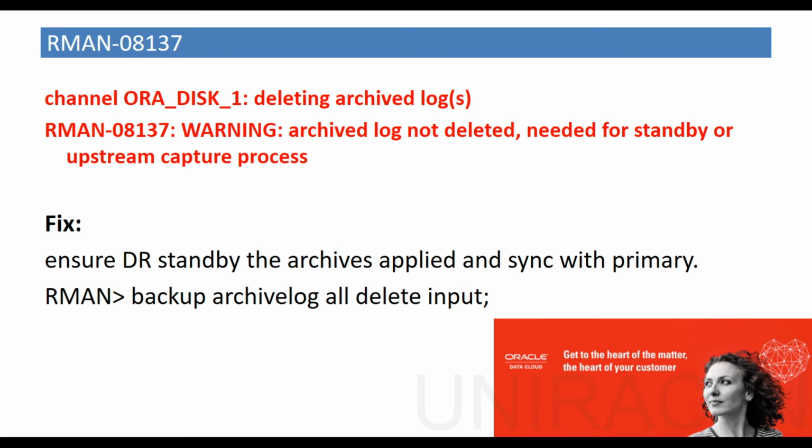If the arc log is not received or applied in the standby, and that arc log is needed by the standby, your arc log deletion does not happen on your primary with RMAN. RMAN ignores this arc log which is not being applied in your standby.